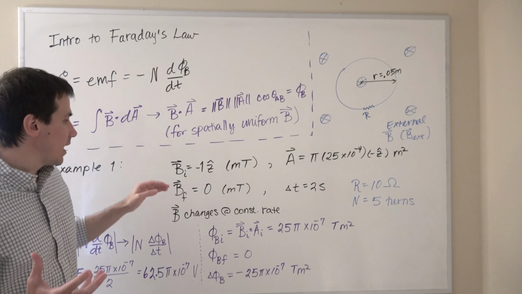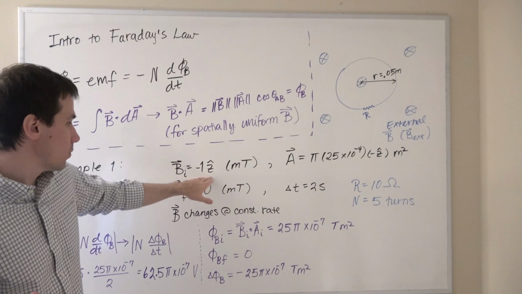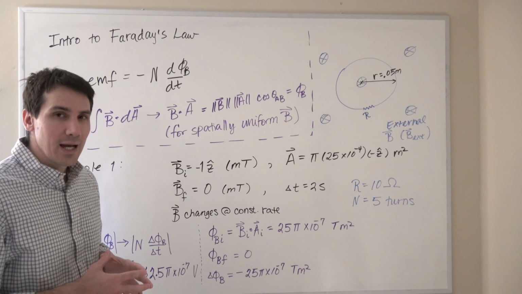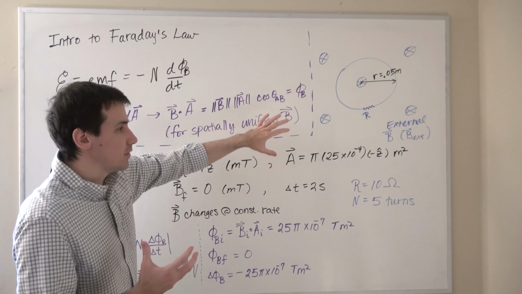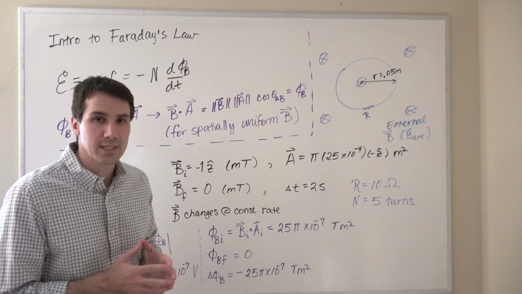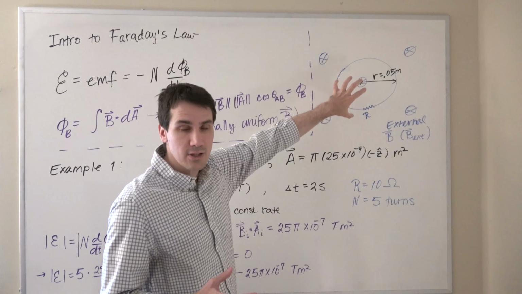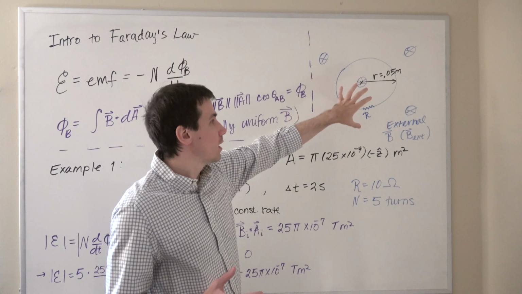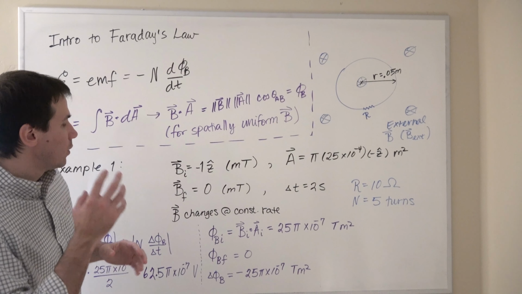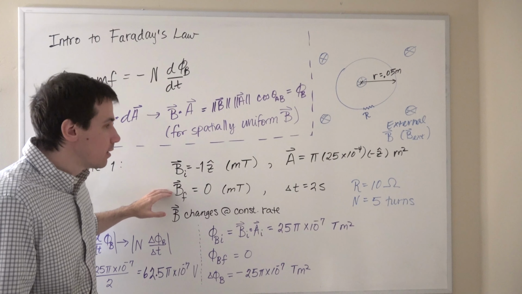So let's assume that we have an initial external magnetic field that points into the board with a magnitude of 1 millitesla. And then that magnetic field is removed over the course of 2 seconds. So we begin with a magnetic field into the board of 1 millitesla, and we end with 0 external magnetic field.